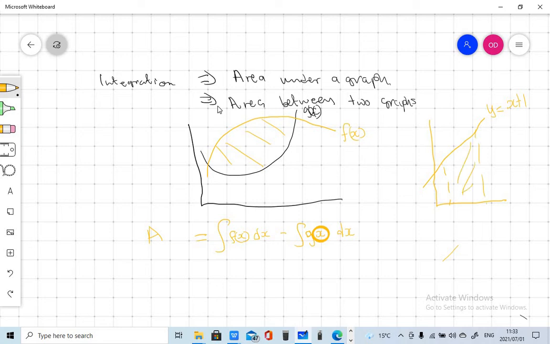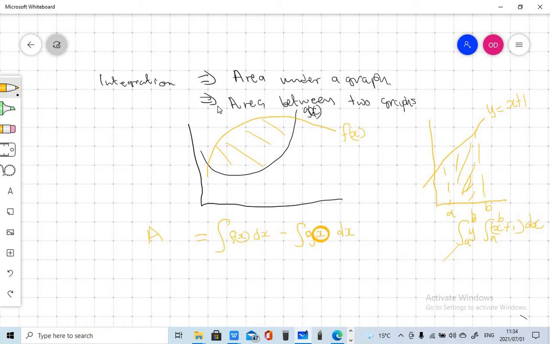This area can be found by finding the integral of y, which is the integral of x plus 1 dx. So the area under the graph, say this point is A and this point is B, is found by integrating y from A to B.